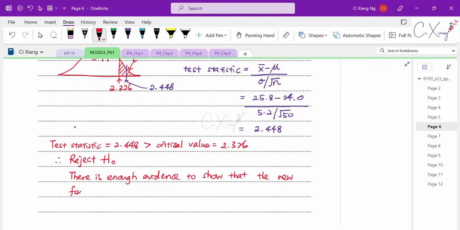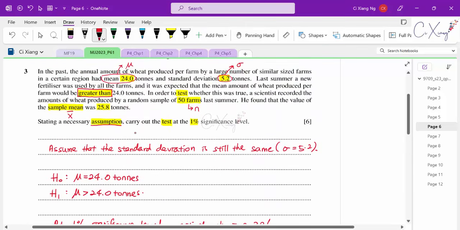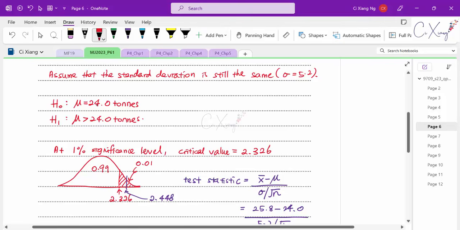So we are saying like this: the fertilizer increases the farm's production. Alright, so this is how we answer question number 3, how to carry out the test to test the population mean.